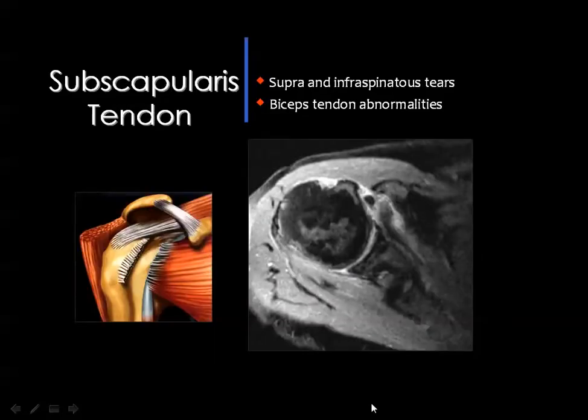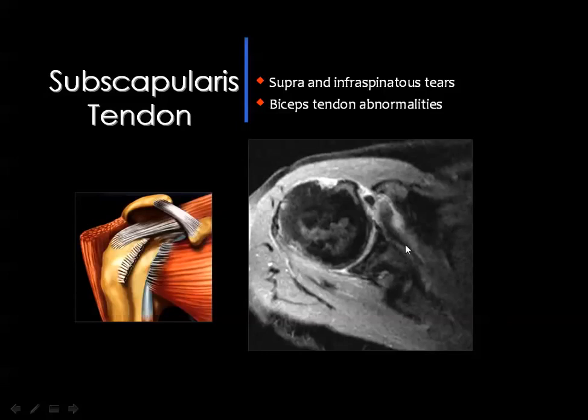Then you know that the subscapularis tendon is intimately related to the tendon of the long head of the biceps in the bicipital groove, and many times when the subscapularis tendon ruptures, it will affect the tendon of the long head of the biceps, as you see in this example.